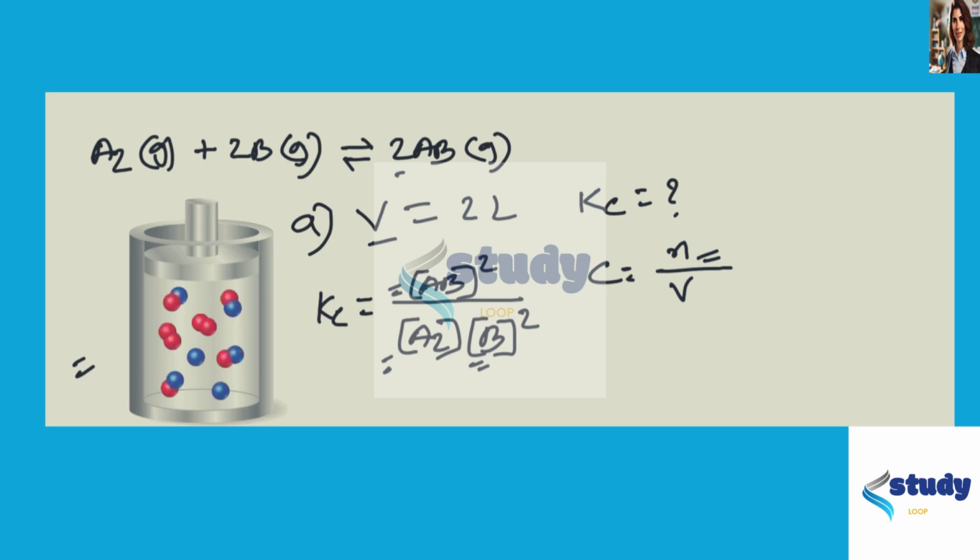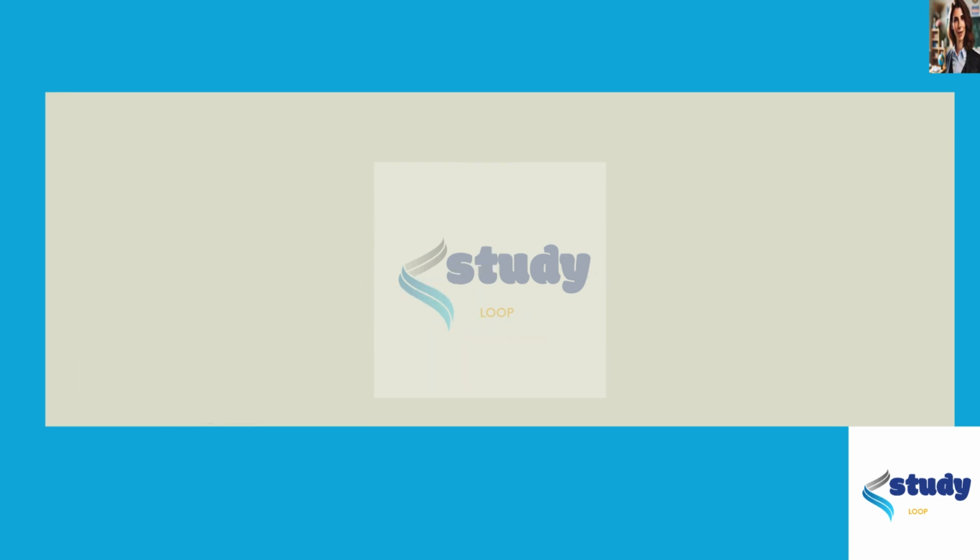If we assume the red ones as A2, we have 2 A2, and if we consider the blue ones as B, we have 2 B, and AB is this red and blue mixed one, so we have 1, 2, 3, 4 of AB.